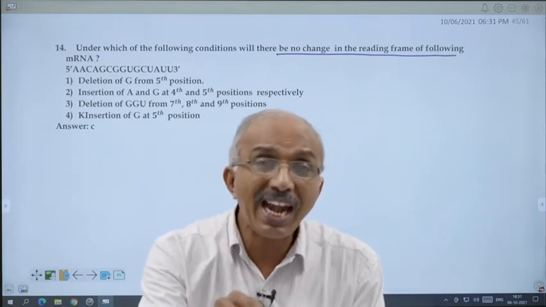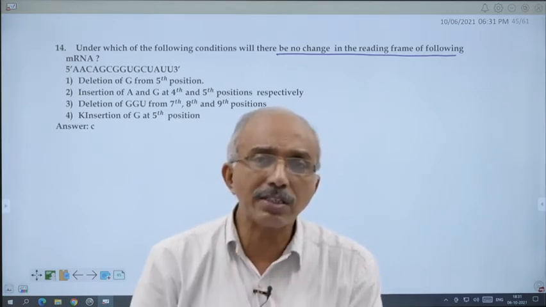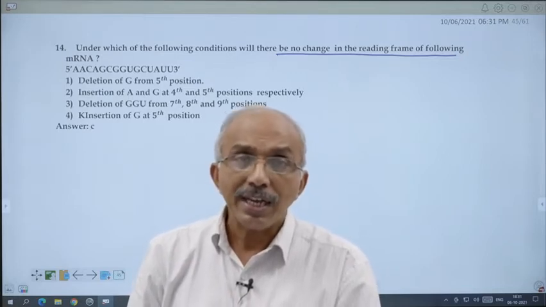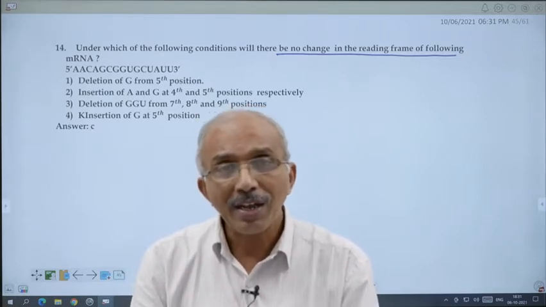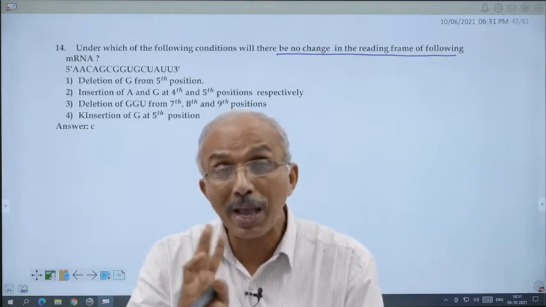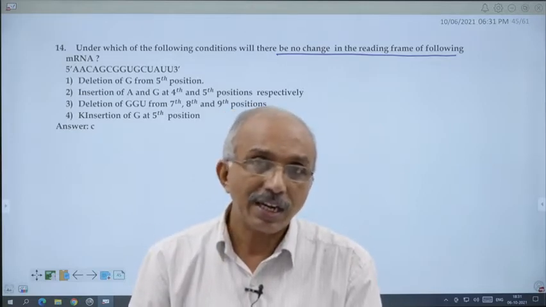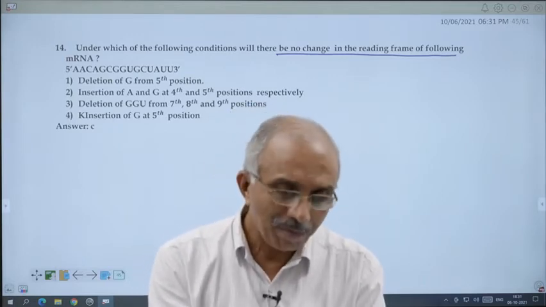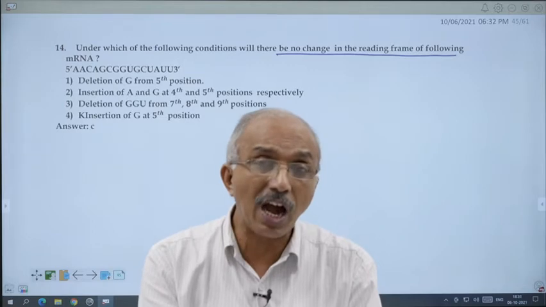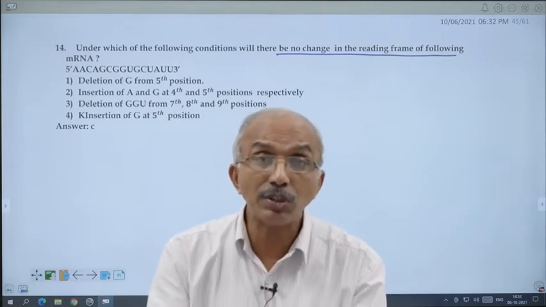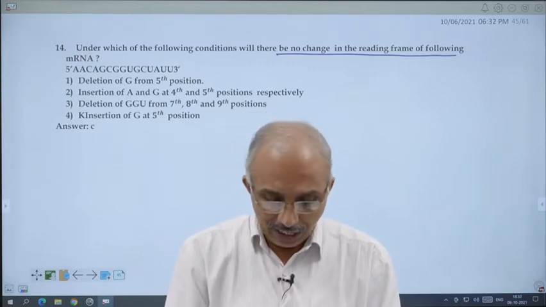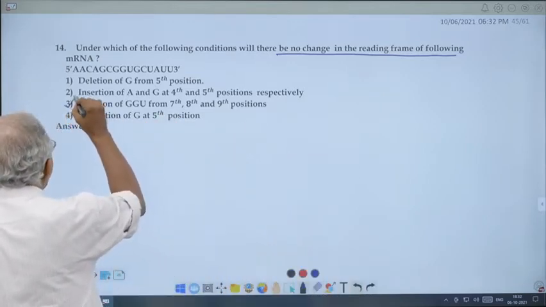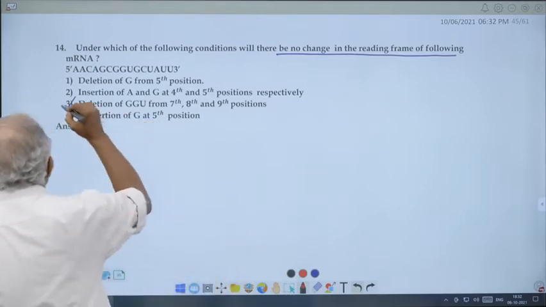If we add 3 nitrogen bases or delete 3 nitrogen bases, it will cause mutation, but the reading frame will not be altered. The type of mutation in which a reading frame is altered is frame shift mutation. Here, answer is the third one.